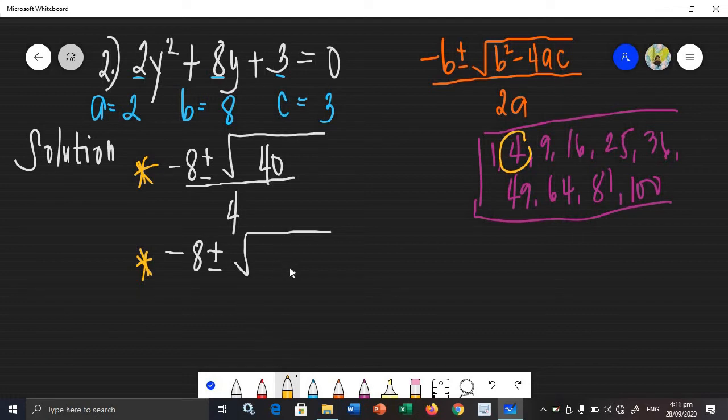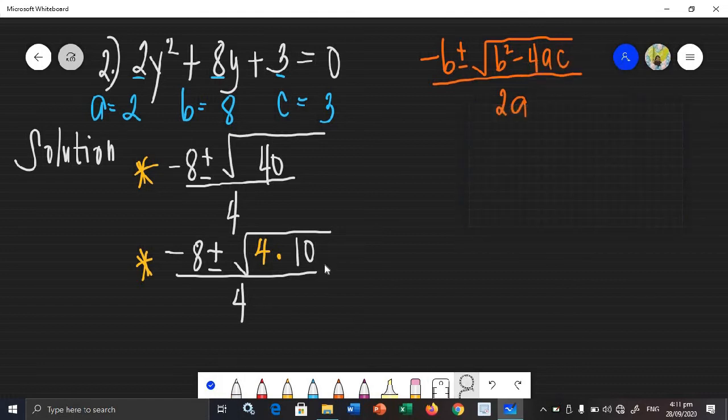Okay? So, 4 is a perfect square. It can't be 9. 9 is not a factor of 40. What can you multiply by 9 to get 40? None. So, therefore, the answer is 4. So, we need to write first the perfect square factor times the factor that is not a perfect square, which is 10. Okay? All over 4. I'm going to erase this part. And then here, I'm going to continue my solution.